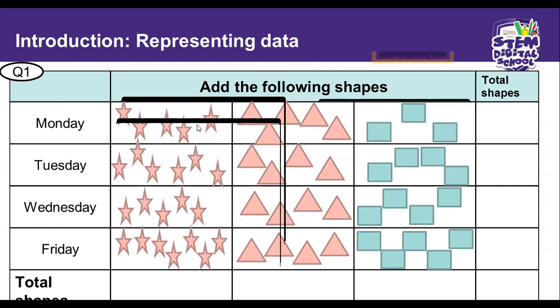Okay, so if you add your 5 stars and your 5 triangles, how many shapes do you get? 10. And then if you add these 3 rectangles to your 10 shapes, how many shapes do you get? 13. Well done. Good. That's correct. Thank you, Kunashe.